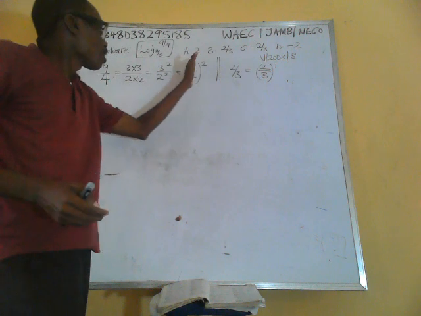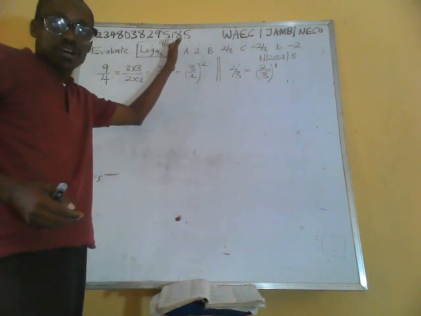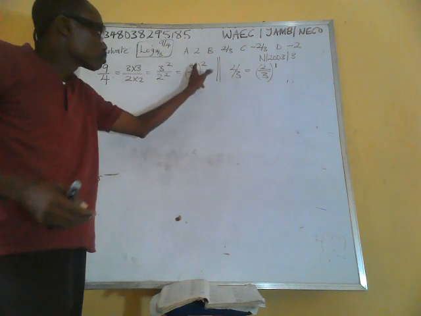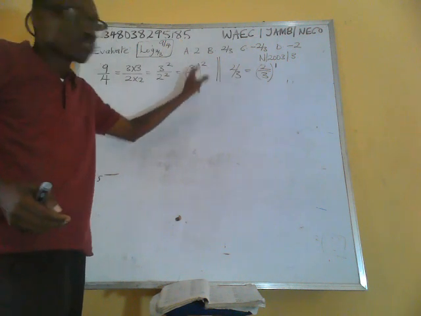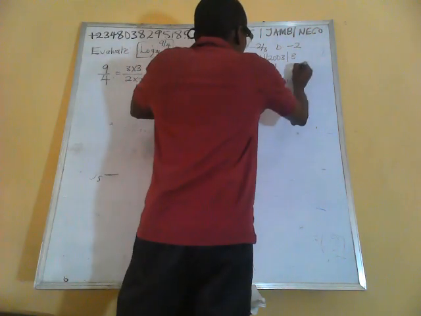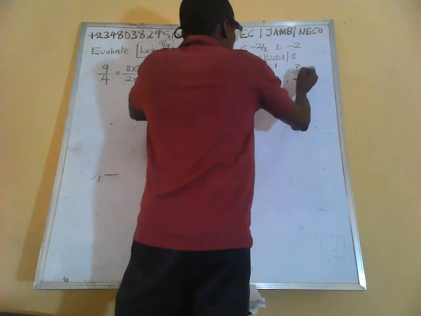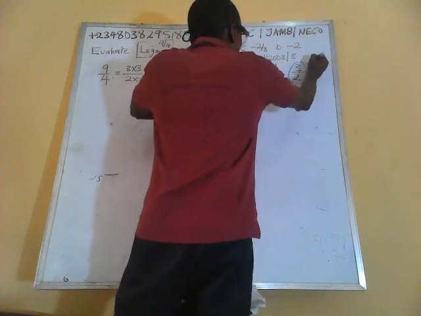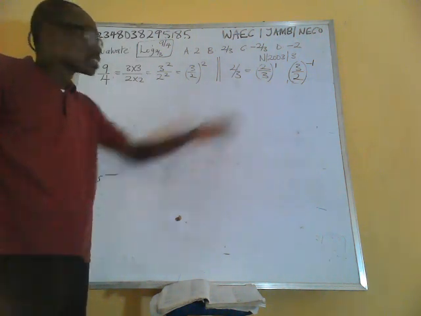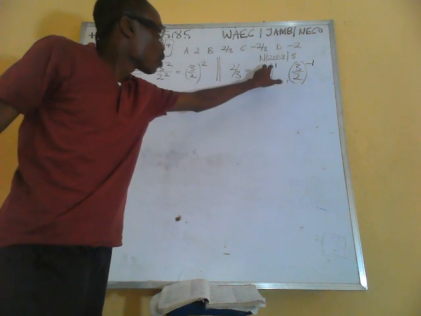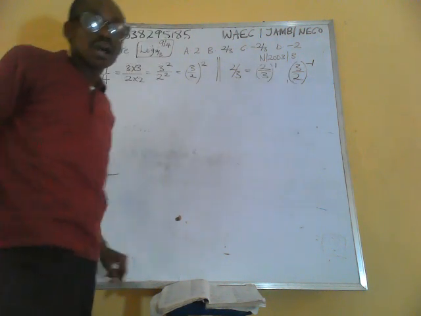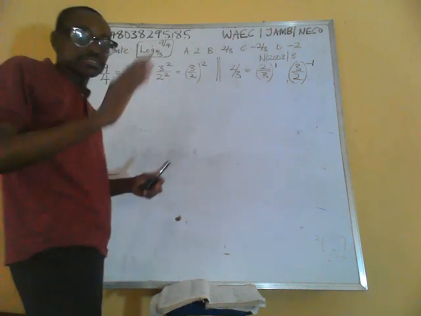We have 3 over 2 for the number we are taking the log of. So if we want to express this base in terms of 3 over 2, what are we going to do? We can say this is the same thing as 3 over 2 raised to power minus 1, using the reciprocal law.